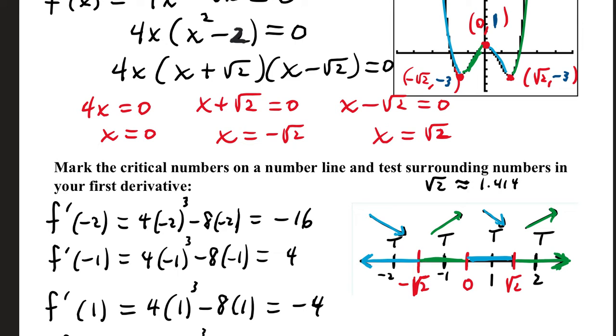So in our first interval, we're decreasing because we got a negative result from this test number. In the second interval, we got a positive result. The derivative gave us a positive or increasing rate of change. In the third interval, we had negative, so we're back to decreasing.